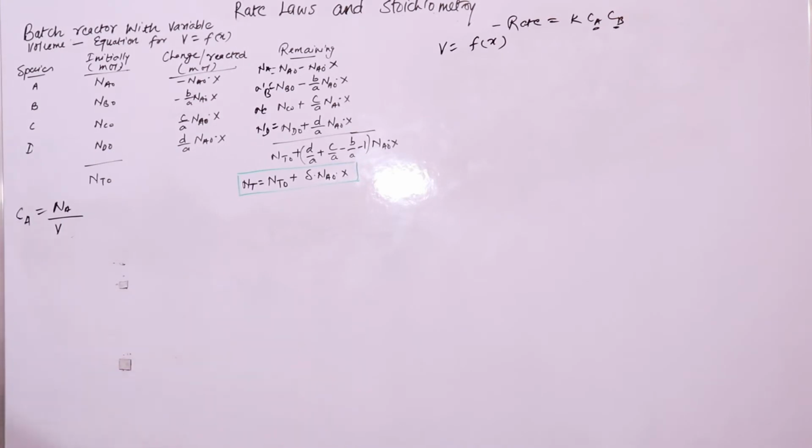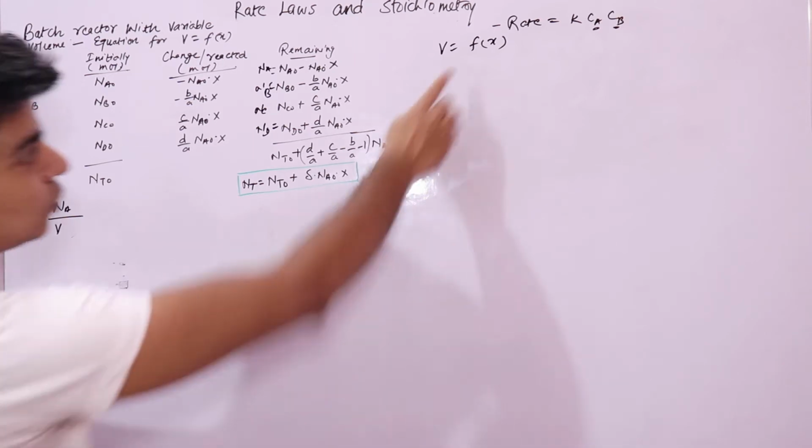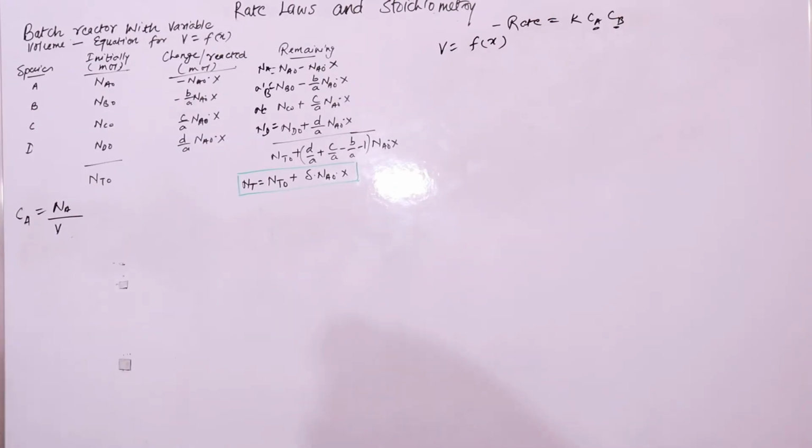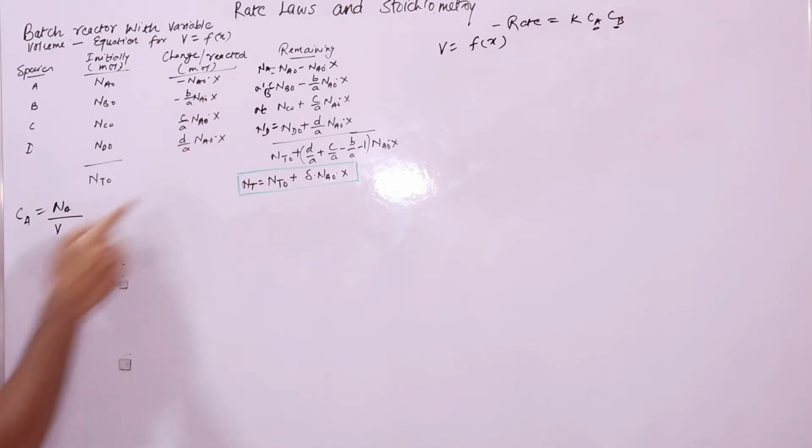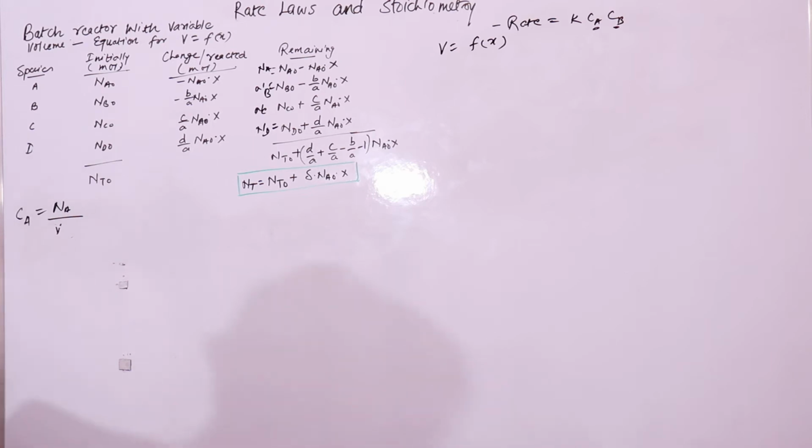Individual concentrations can be determined by using volume for a batch system. Once you get volume for a batch system, you can find individual concentrations by substituting volume in the expression for concentration.